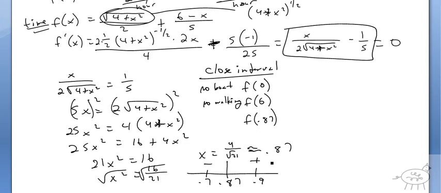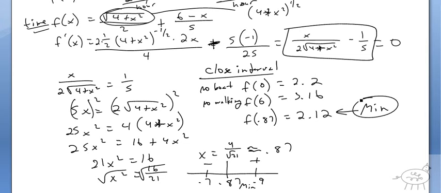All right, so it is going to be a minimum. So anyway, f of 0 is 2.2 in decimal. F of 6 is 3.16, and f of 0.87 is 2.12. Okay, so this truly is our minimum value.